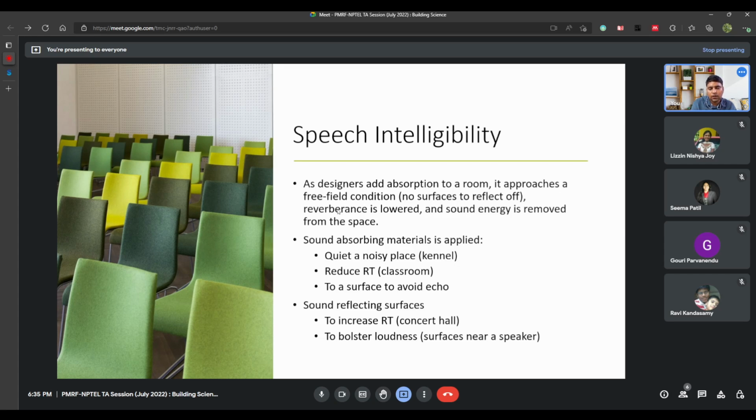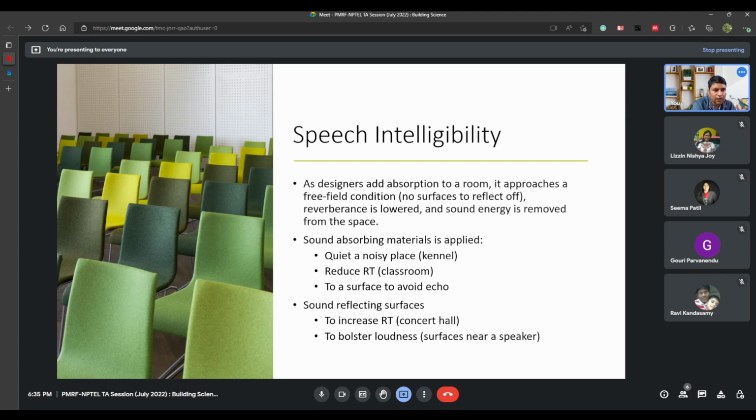Further, we were speaking in terms of the sound source and the time component, where the reverberation time is basically the time to fade out. Here, another point: we can design the space by adding absorption to a room so that it almost reaches a free field condition.